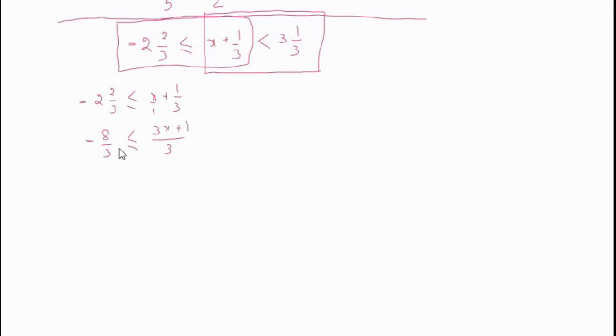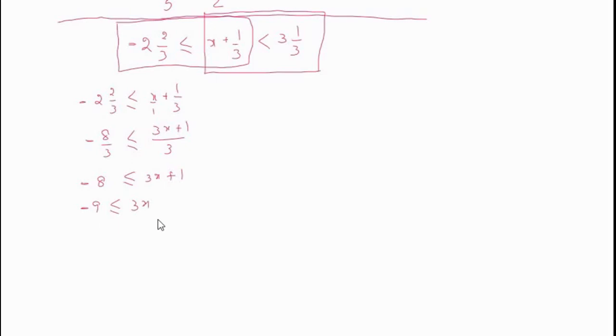Now multiplying by 3 on both sides, this will become minus 8 less than or equal to 3x plus 1. When you multiply, the denominator gets cancelled. So I am bringing 1 to this side, minus 8 and minus 1, minus 9 less than or equal to 3x.